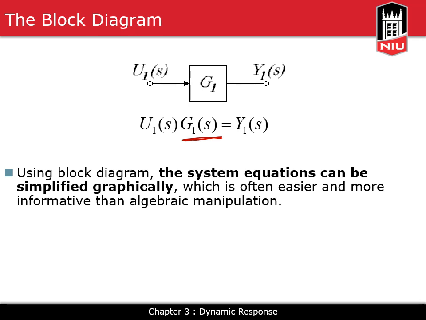Y1 would be the input of the block multiplied by the transfer function in the S domain. The input is U1 of S, the transfer function is G1 of S. We just multiply these two and we have the output. That is what makes it easier to work in the S domain.